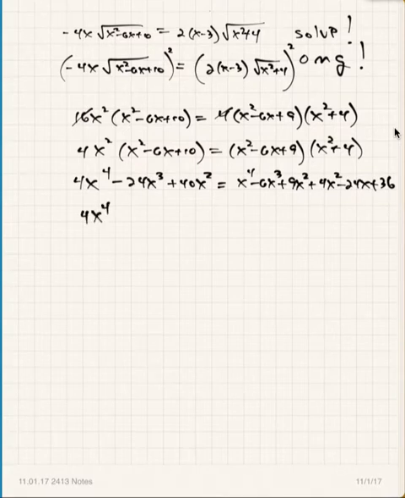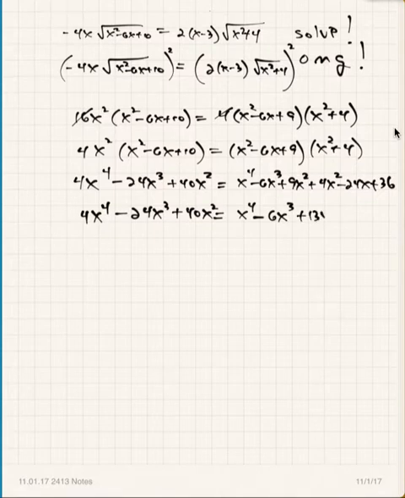So you have 4x to the 4th minus 24x cubed plus 40x squared equals x to the 4th minus 6x cubed plus 13x squared minus 24x plus 36.